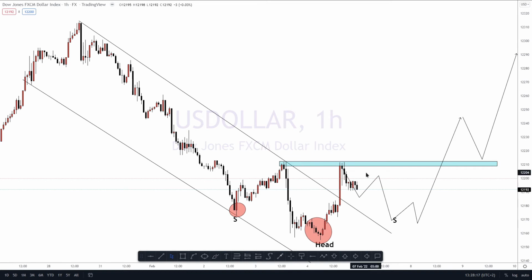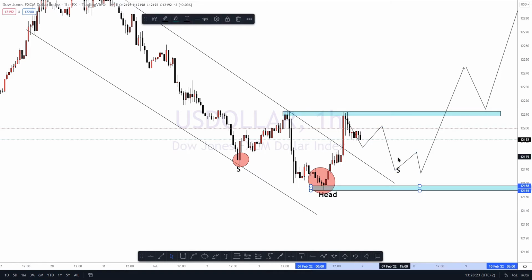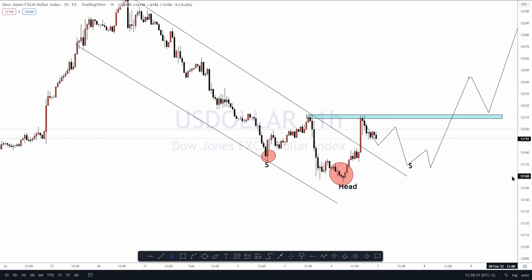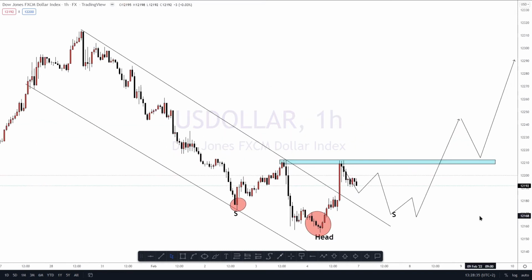So this is an anticipation, and if the anticipation doesn't play out, then we could have something like this where price breaks below this level and then just drops to the downside. So this is just the anticipation or the analysis that we have for the US dollar for the next week.